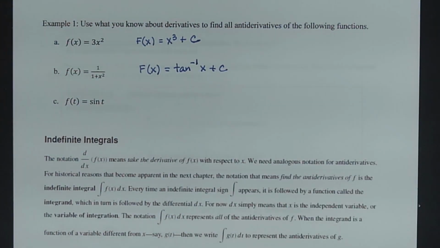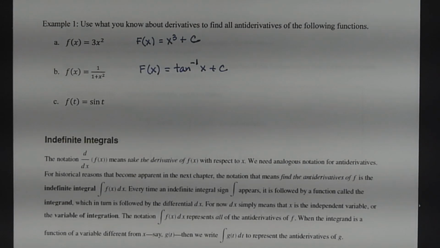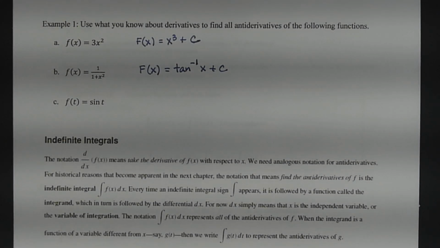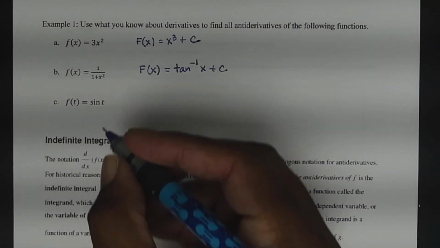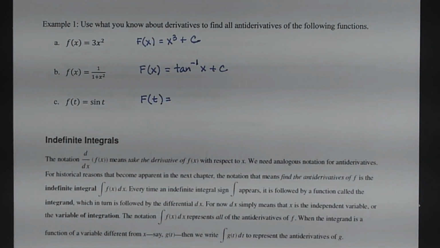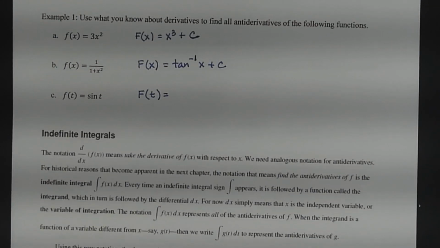Inverse tangent of x plus c. Now part C is the one that's kind of tricky here because you're going to have to think about this one. f of t is going to be sine of t. That would mean capital F of t would be something like this. Negative cosine t plus c.